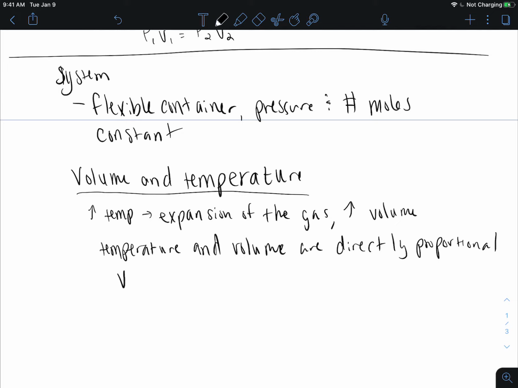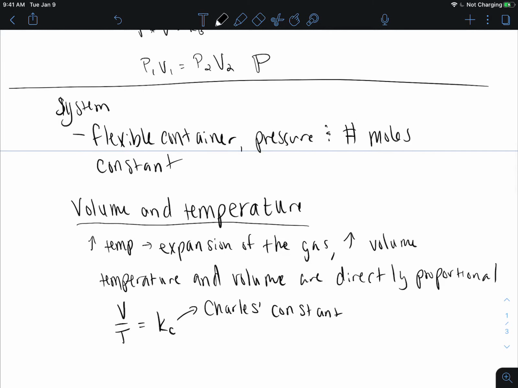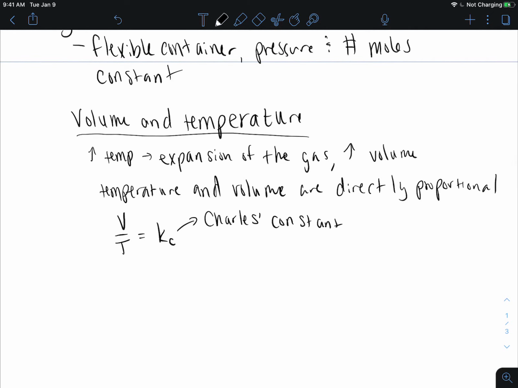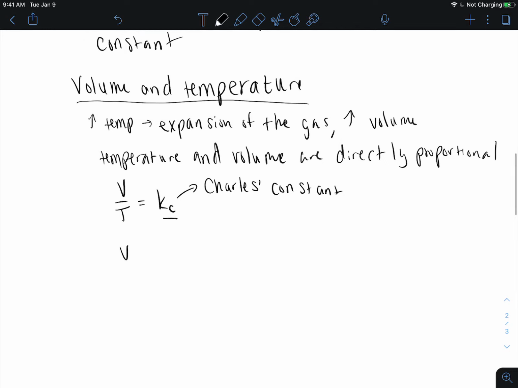So we'd say V over T will be equal to a constant, our Charles constant. Oh, by the way, the earlier one is Boyle's law. And again, as long as we keep the same number of moles of gas and we keep our pressure constant, then this will stay constant and we could set up our Charles law.